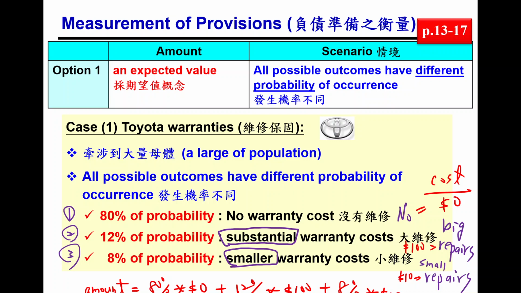So how much is it? 0 plus 12 plus 0.8, so it should be 12.8.